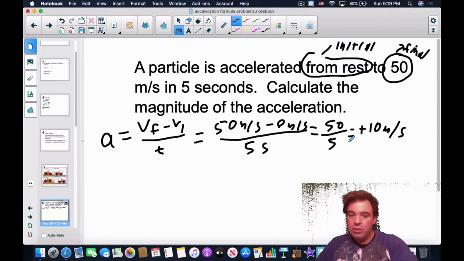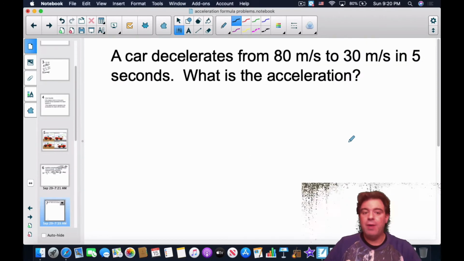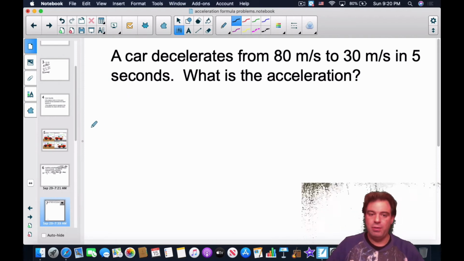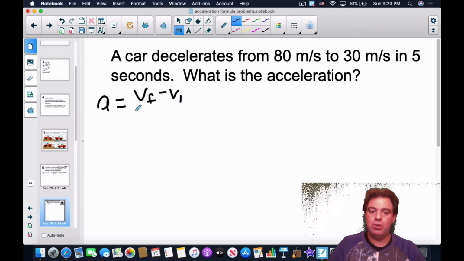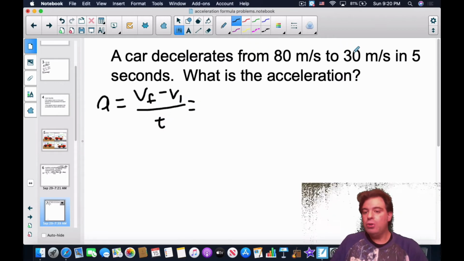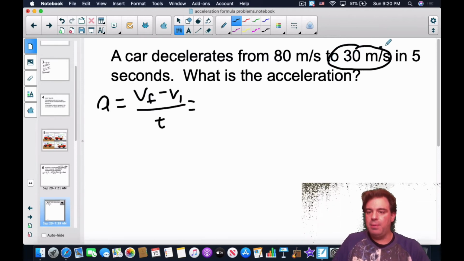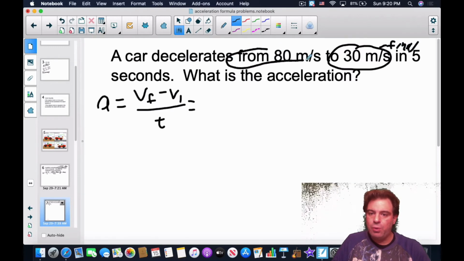Now let's solve another problem. Let's say now we have a car and it decelerates from 80 meters per second to 30 meters per second in 5 seconds. What is the acceleration? Again, we're going to use the same formula. Acceleration is velocity final minus velocity initial divided by time. From 80 to 30, so 30 is the final quantity and 80 is the initial quantity.